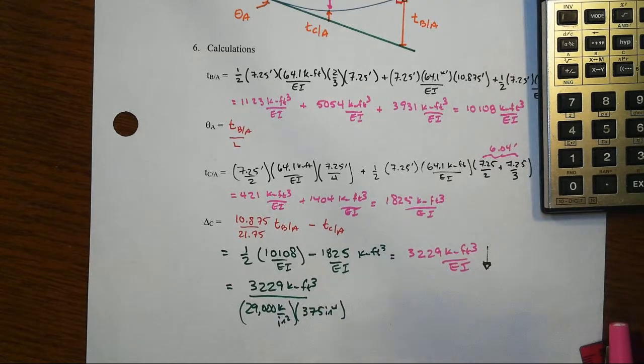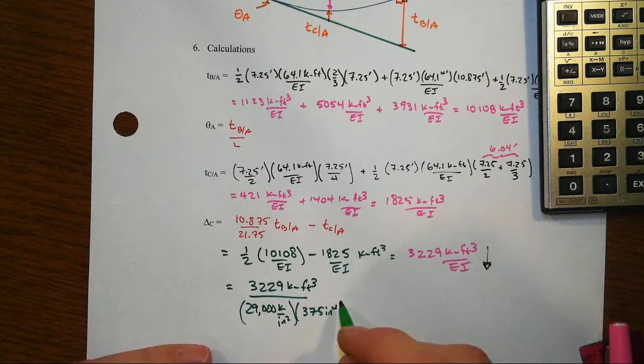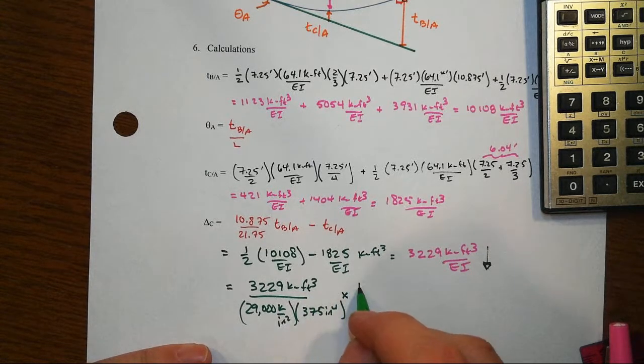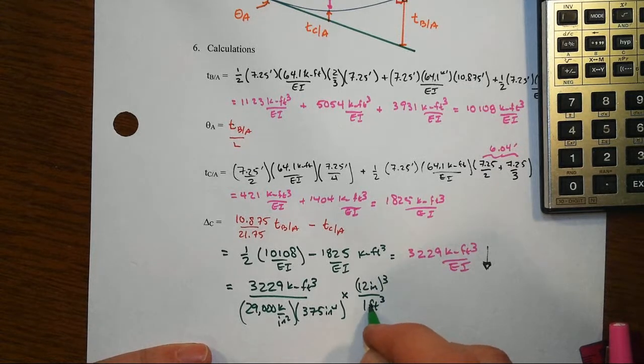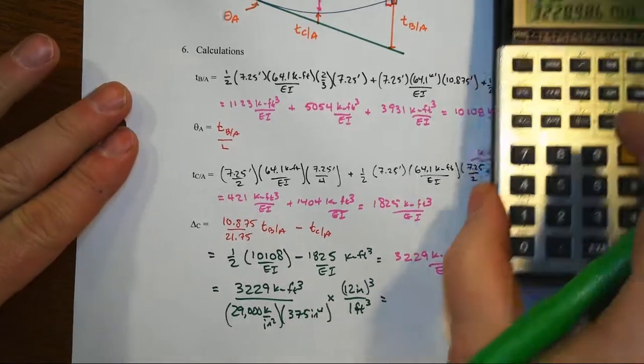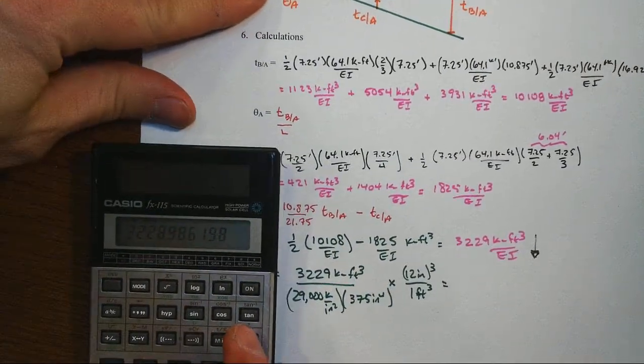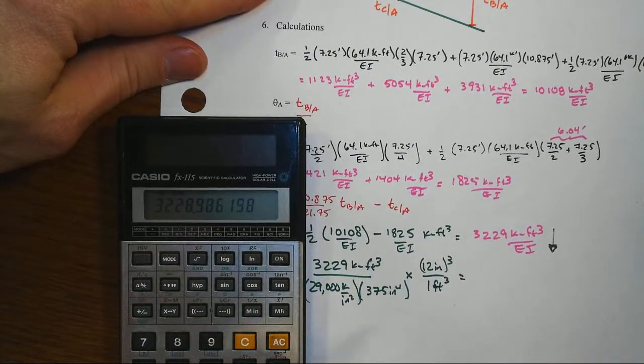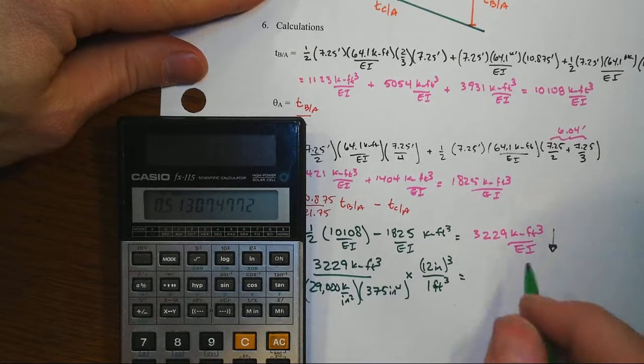So the denominator is in kip inch squared, and the numerator is in feet cubed, so let's get that taken care of right there. Let's find out what we got: times 12 cubed divided by 29,000 divided by 375.